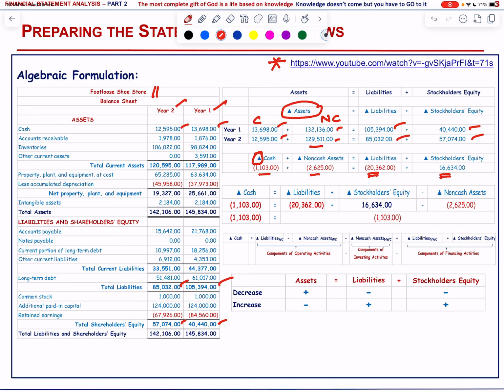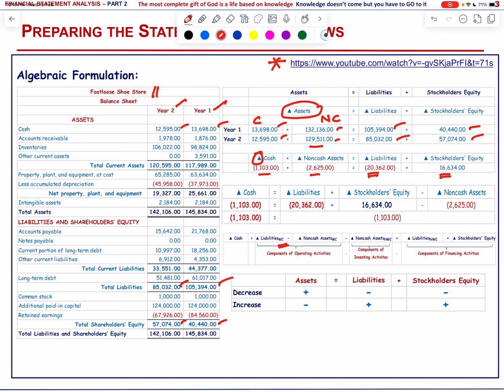So to link the balance sheet changes to the cash flow statement, we have divided the non-cash assets and liabilities into two groups. Working capital, that is the short-term assets like accounts receivables and inventories, and short-term liabilities like accounts payable.